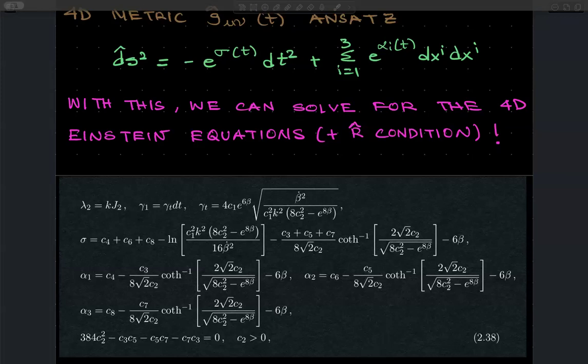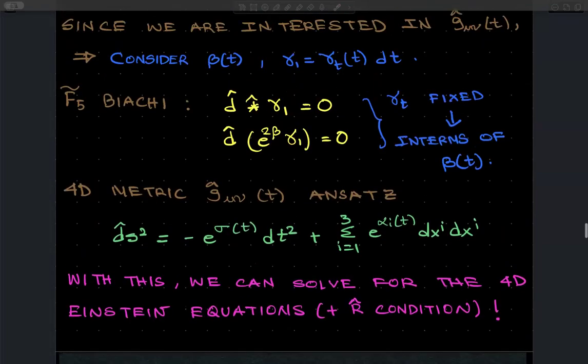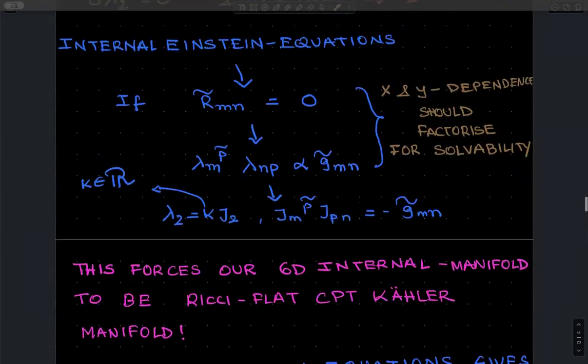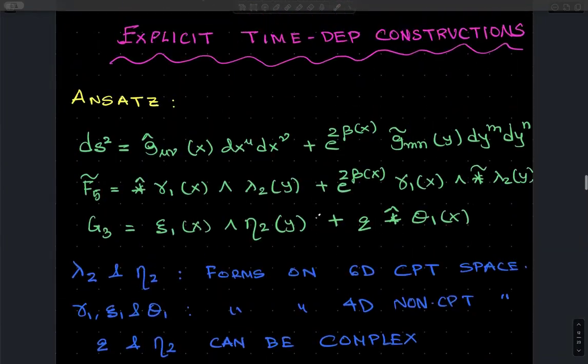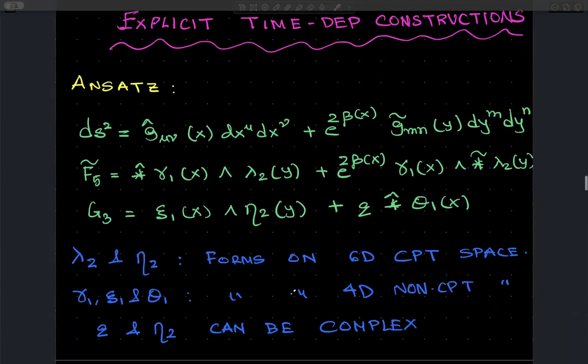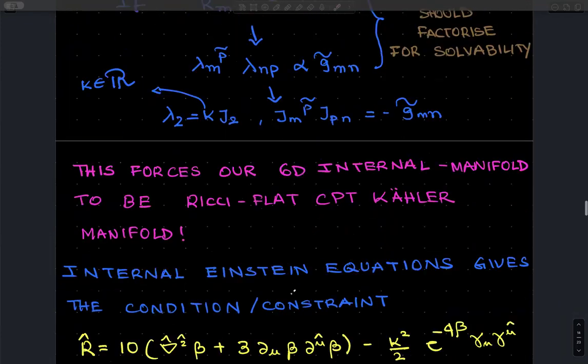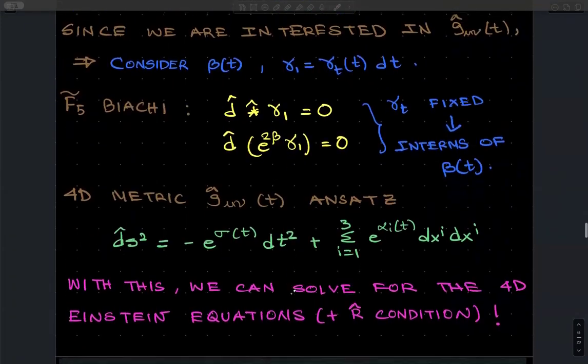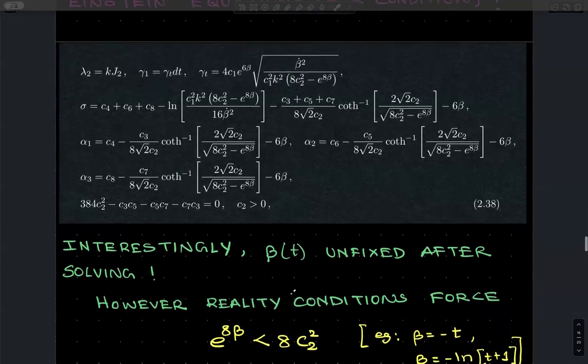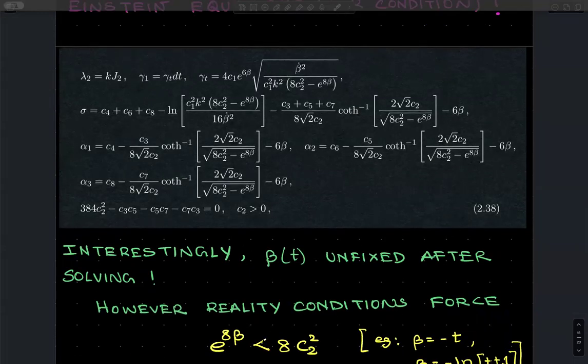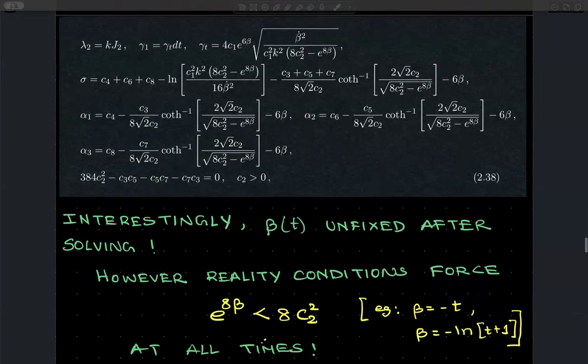However, on a more interesting note, in our ansatz, this beta is unfixed after solving the supergravity equations. However, there's a reality condition that at all times beta should be less than some number, otherwise this becomes complex.